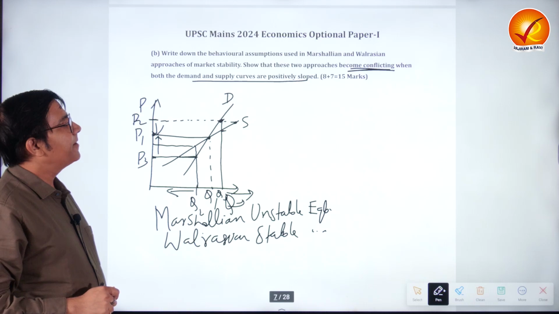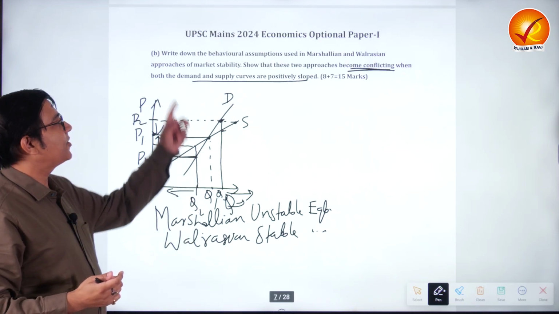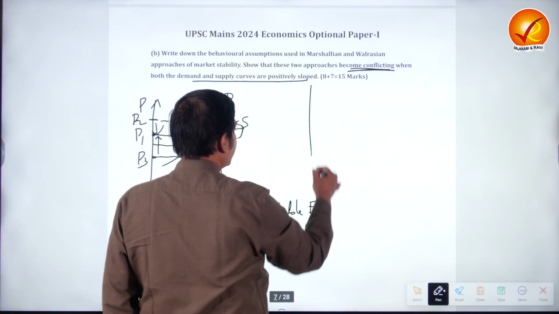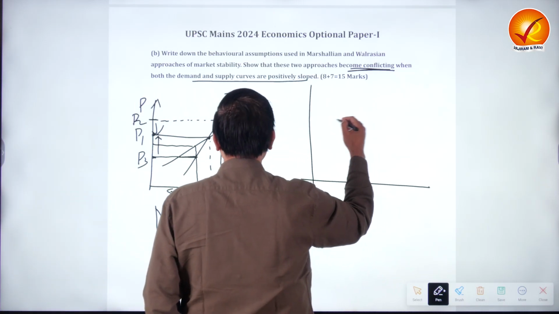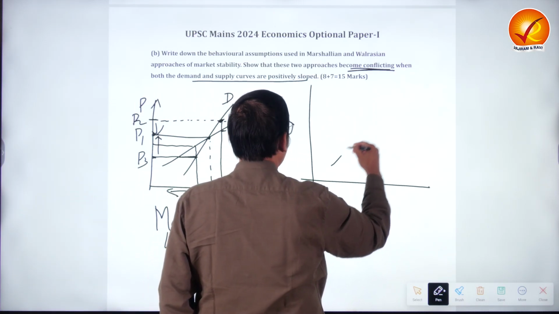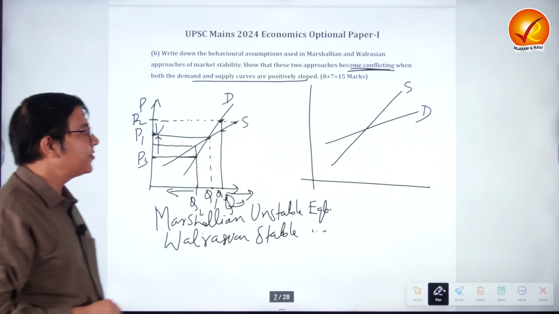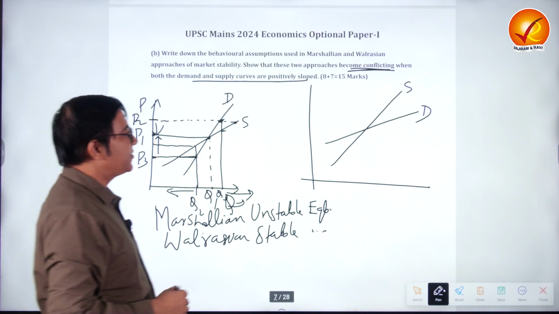But ideally, when they are talking about positively sloped curves, there is another possibility also. The other possibility is that the supply curve is steep and the demand curve is flat. That is also possible when both are positively sloping.